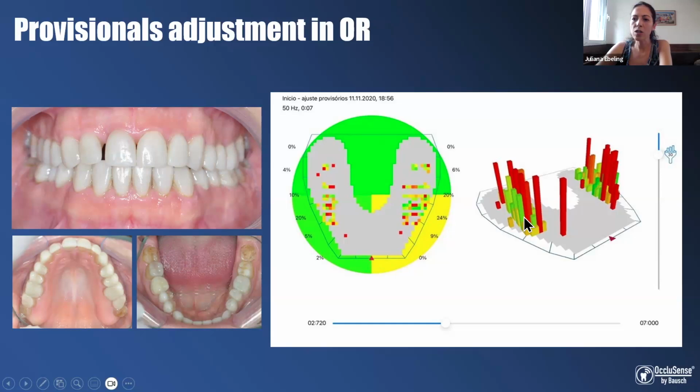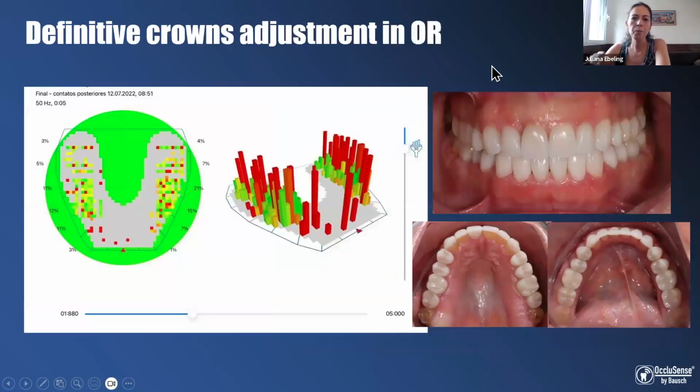So I adjusted that way, knowing that we would have movements for this case. And we finished the case.